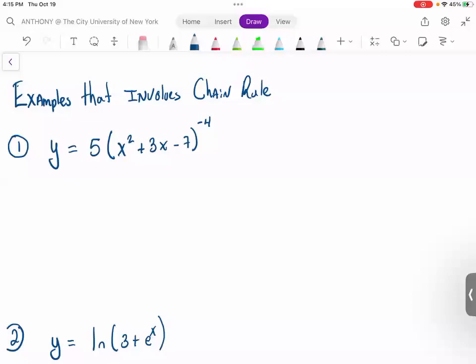Alrighty. So our first example states y equals 5 times x squared plus 3x minus 7 raised to the negative fourth power.